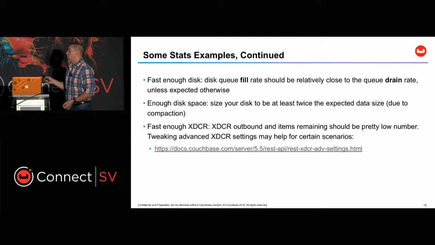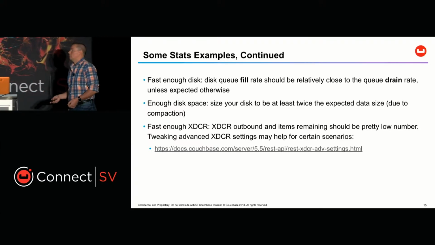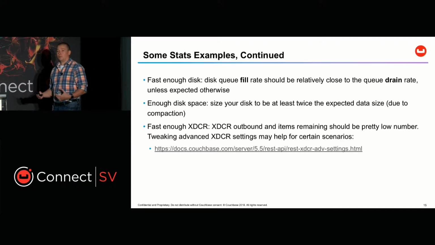And if you're using XDCR, the cross data center replication, again, depending on the number of documents that you replicate from one cluster to another, it's a good idea to watch your inbound and outbound queues.